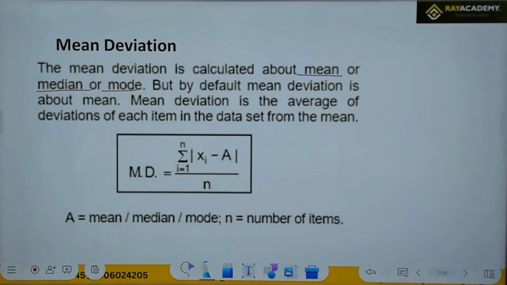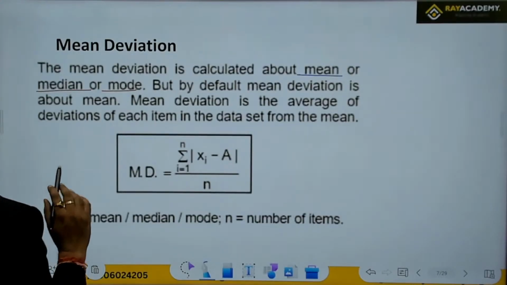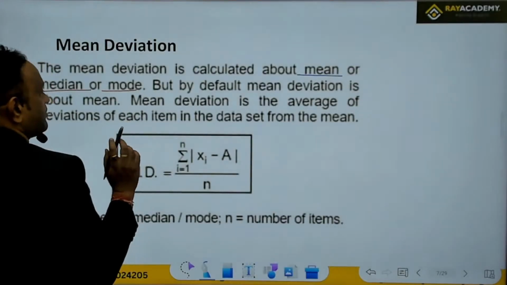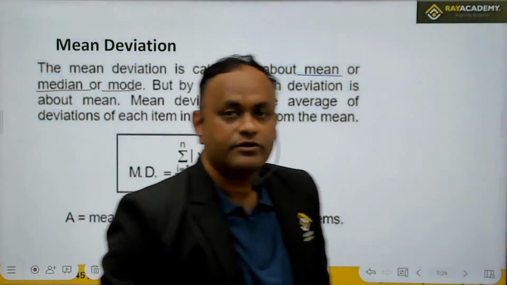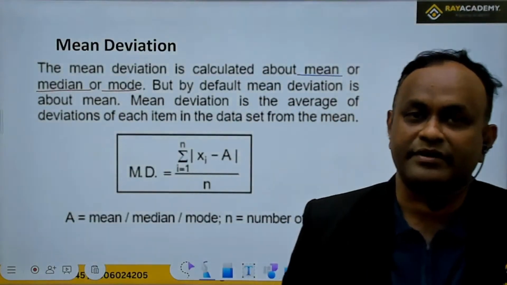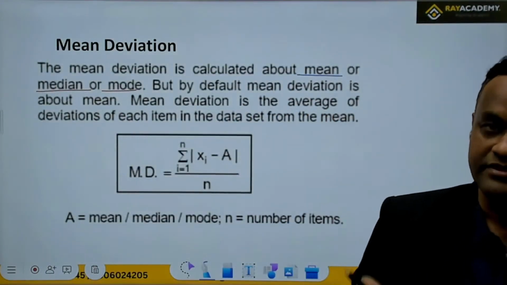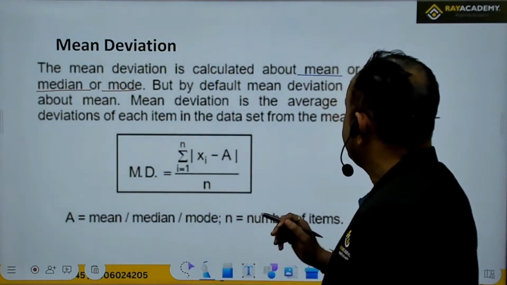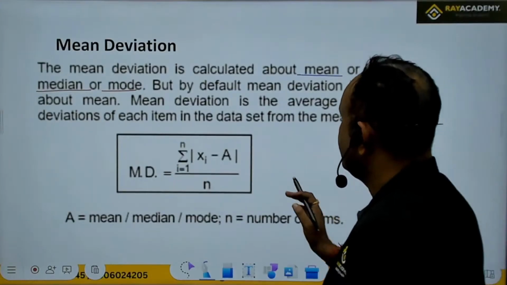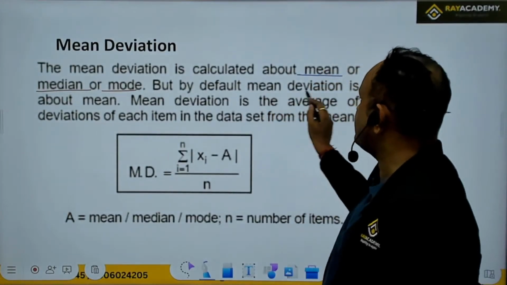But by default, if the question does not specify anything, mean deviation is about the mean. Simply saying mean deviation means mean deviation about mean.